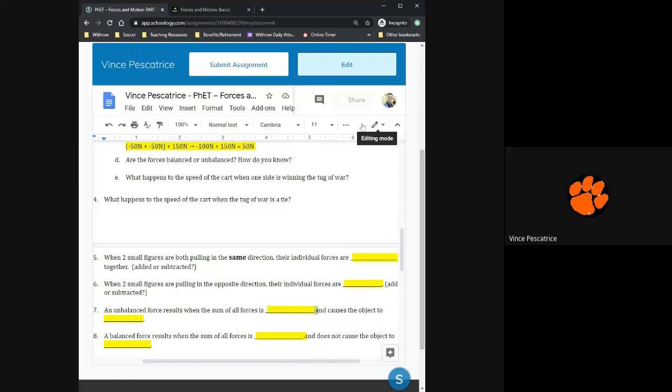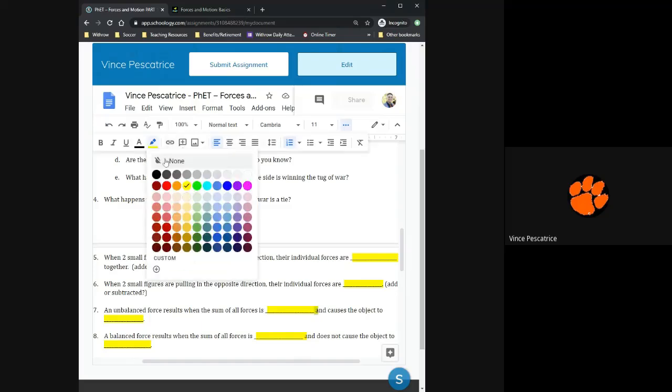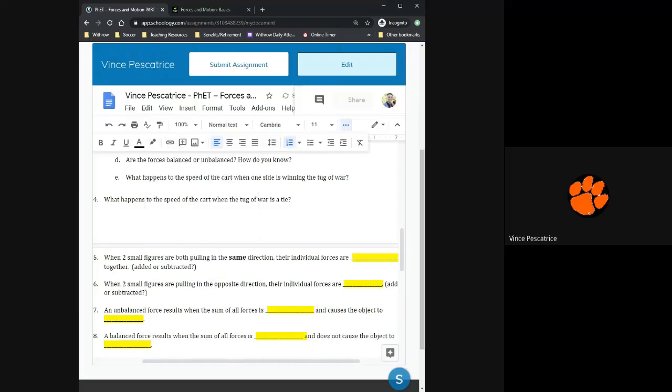And then you could also put here, cause the object to do what? When the forces are unbalanced, what happens to the motion of the object? And the opposite is true down here. Balanced forces is when the sum of all forces is equal to 0, or they're equal, and then the object does not move. Just a little hint.